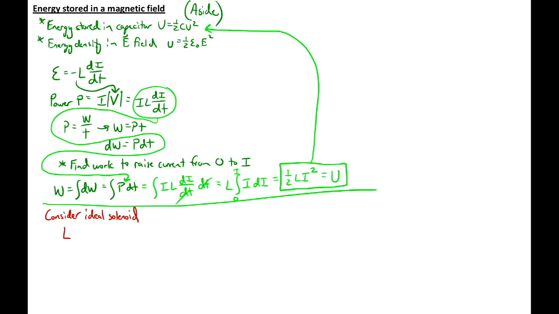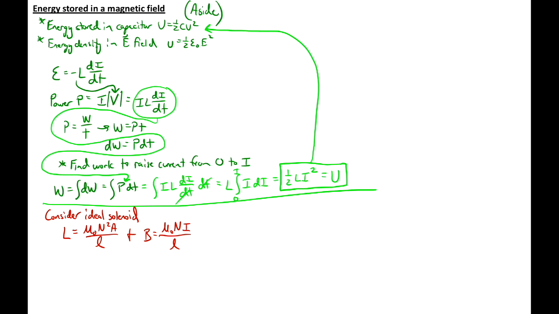I'm not going to derive this equation, but the inductance for an ideal solenoid is given by this. And also the magnetic field in a solenoid is given by this, which we saw in a previous chapter. So I'm going to take those two equations and plug them into what we had above.